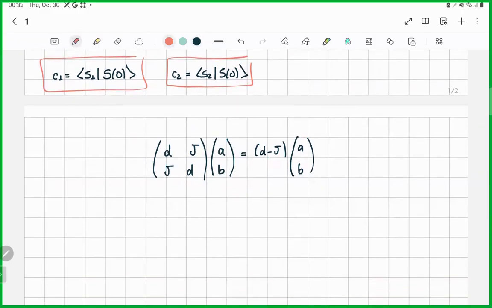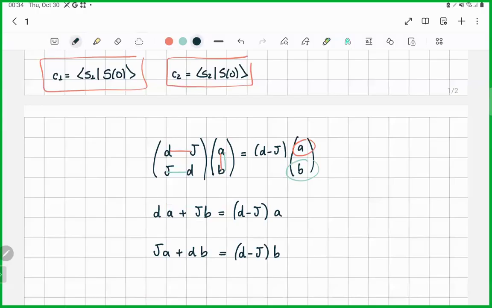If I go first line with this column, we have DA plus JB equals to this first element, so equals to D minus J multiplied by A. Second line, we have JA plus DB, and second element is equal to D minus J times B. Okay, this is my set of equations, two equations.